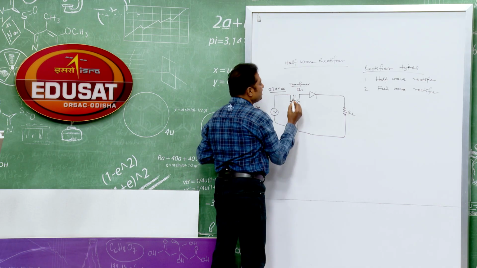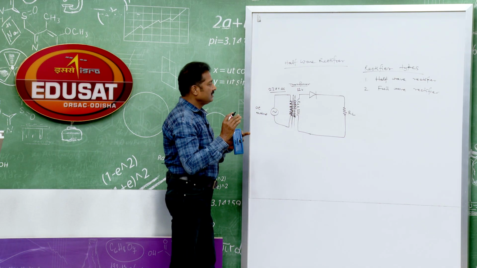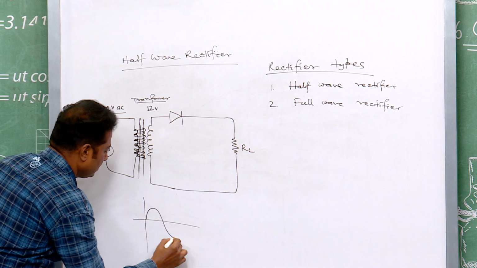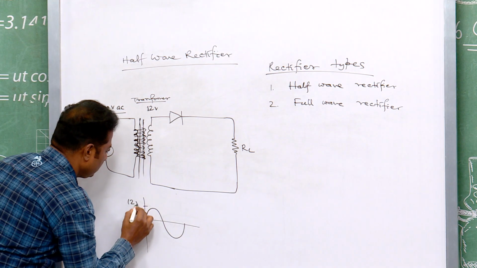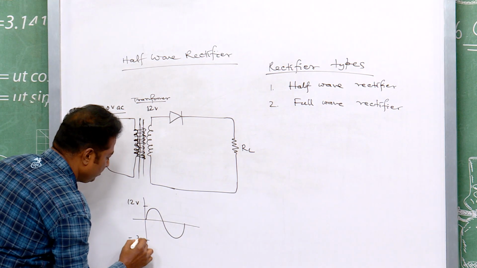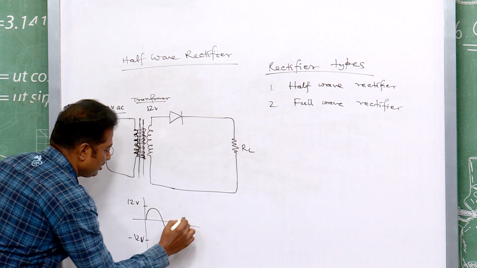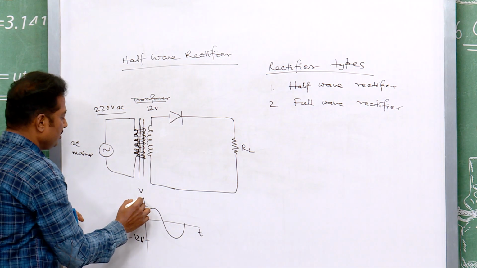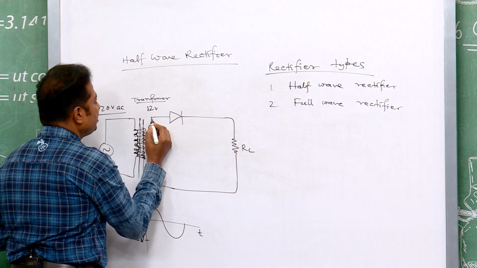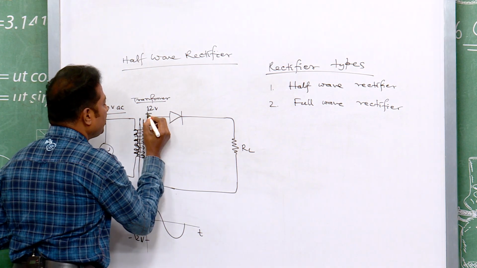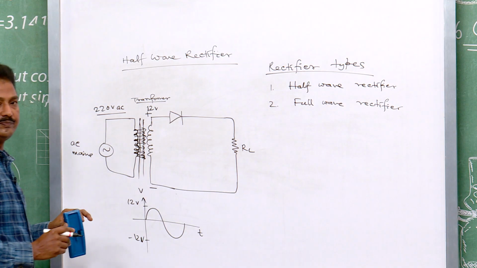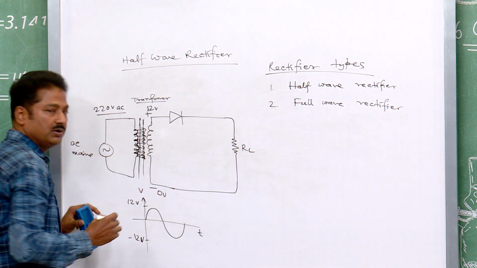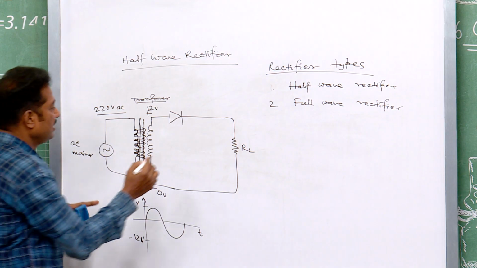So, let the AC be represented this way. This is your 12 volt, this is your minus 12 volt, and this is your AC time, it is your voltage. So, what happens for the positive half cycle, when it is positive, this side is 12 volt, this side is 0 volt.